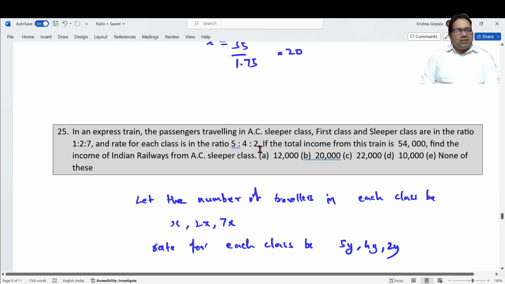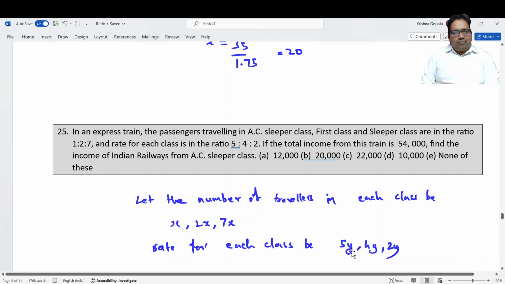Now the rate of each class is 5 is to 4 is to 2. It doesn't mean 5 rupees, 4 rupees, 2 rupees. It could mean 50, 40, 20. It could mean 500, 400, 200, whatever. We don't know what that is. So for now we'll assume it is 5y, 4y, and 2y, right? Like we had discussed earlier, when there are two different ratios we should take two different constants.